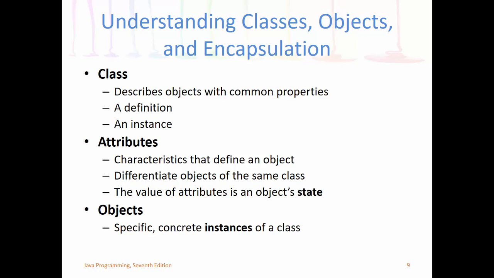Is it a ranch, or is it a Cape Cod? Right, it would be different types. And then it'll also have capabilities. So it'll have attributes, and it will have things that it can do. So what can this house do? Well, this one's got 3 bedrooms, so we can put 3 kids in there, right? This one's only got 1 bedroom. Or a sliding door? Okay, a sliding door.